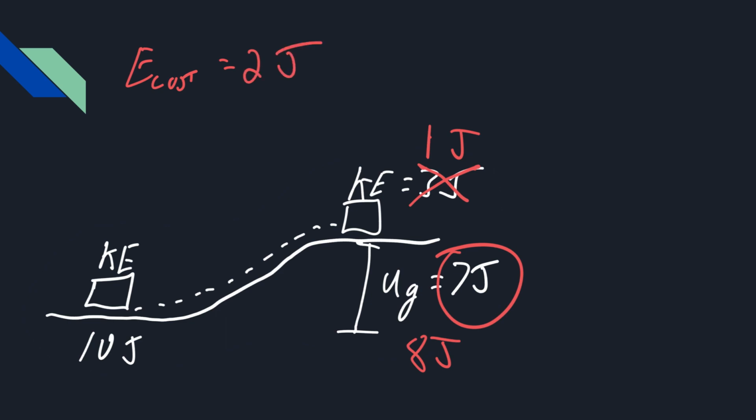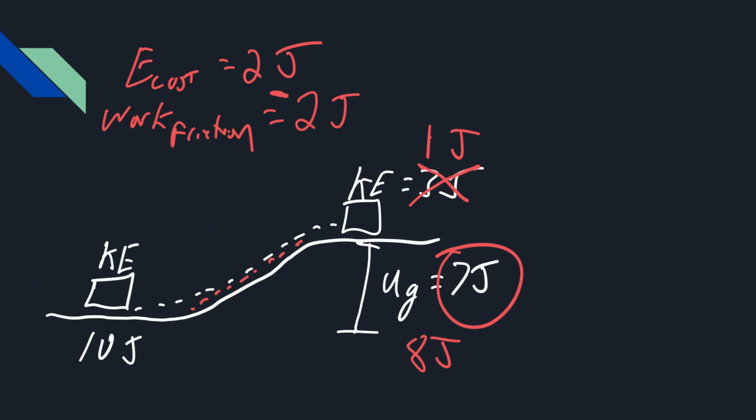Oftentimes we'll say, how much work was done by friction? Maybe there's some friction on this ramp, for example. Well, you would simply say 2 joules of work was done by friction. Now, is this positive work or negative work? Since energy is being removed from the system here, we would say it's negative work.